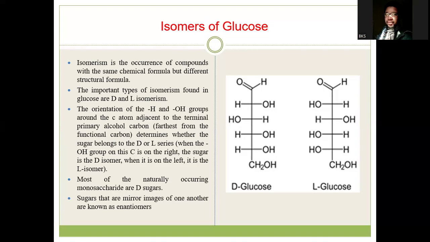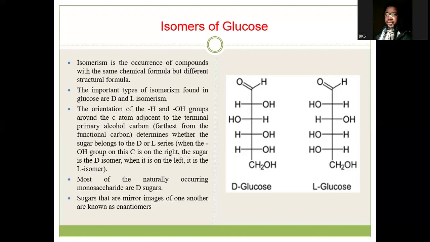And we cite the D and L orientation in sugar, although I didn't explain why the D and L in glucose, because, for example, I only explained it in glyceraldehyde.